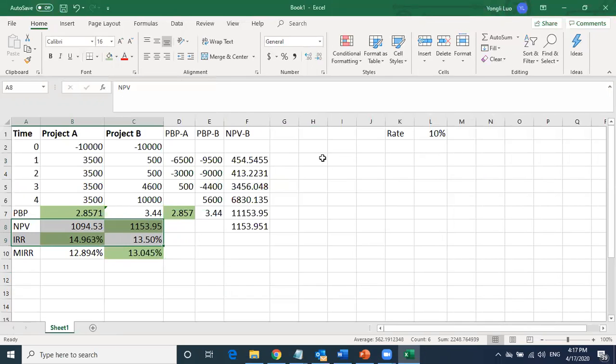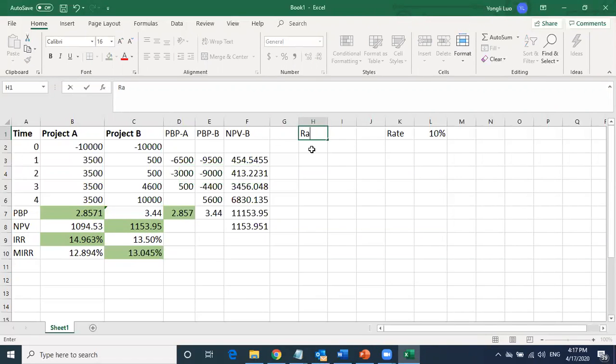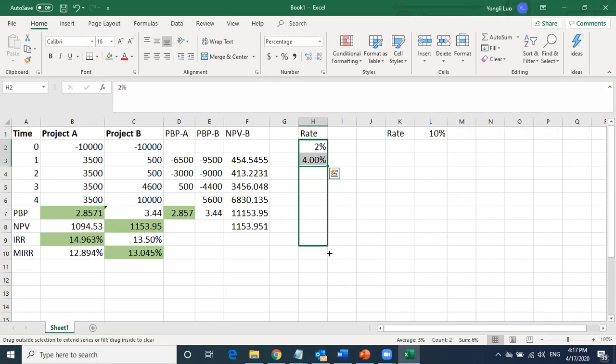What we should do is calculate the net present value of projects A and B. We create a rate series we call the net present value profile. So you have 2%, and then a series of different rates.